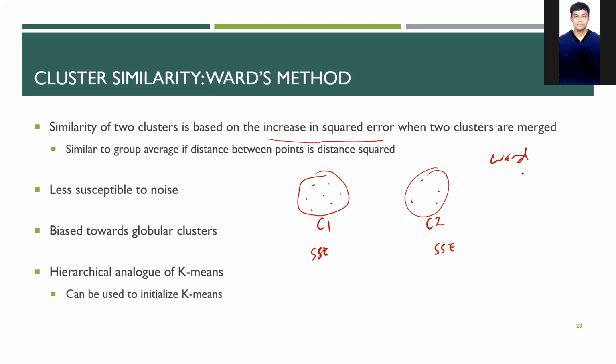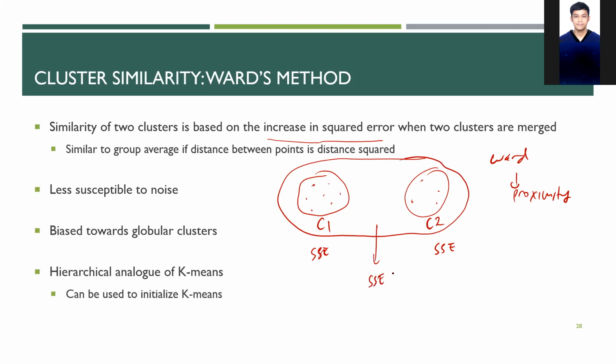If we use Ward's method as the proximity, then we calculate the total SSE after we merge them. The difference between the SSE of the small ones and the SSE after merging is the distance, or proximity. The advantage is that it is less susceptible to noise, but again, the disadvantage is that it is biased towards globular clusters.